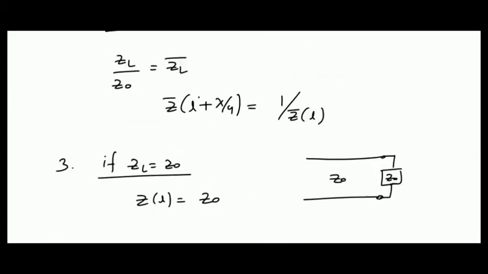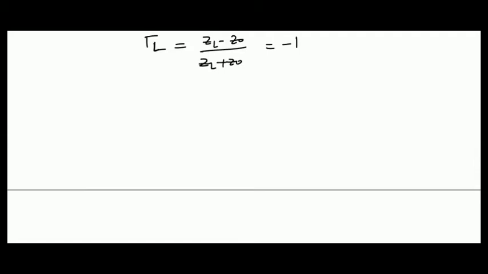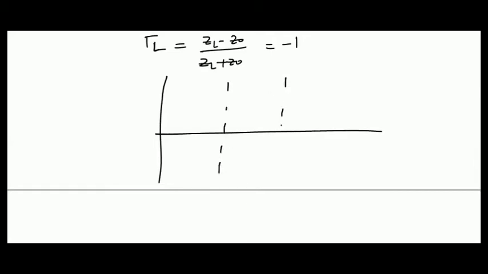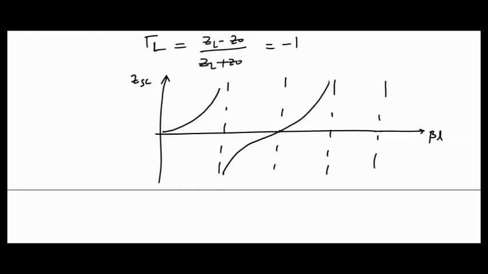Now, if I plot this impedance, it will be like this. This is beta L, the electrical path length. So if I plot ZSC versus beta L, I'll get a plot like this.